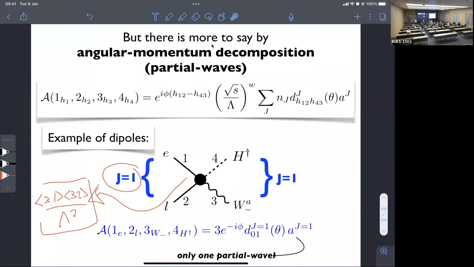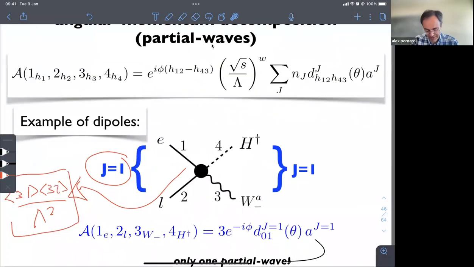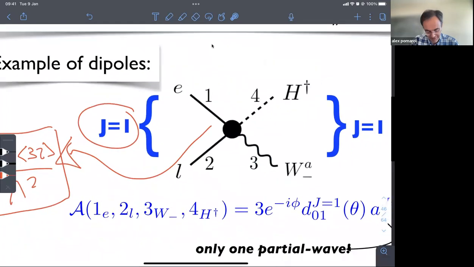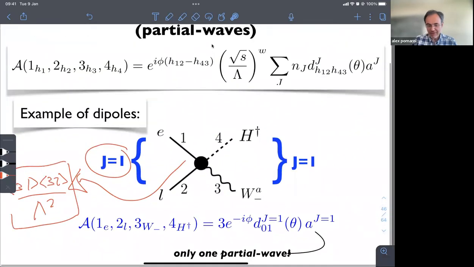I think I understood something. There is an amplitude. You can see these electrons have to be in a state. I didn't show why J is equal 1.